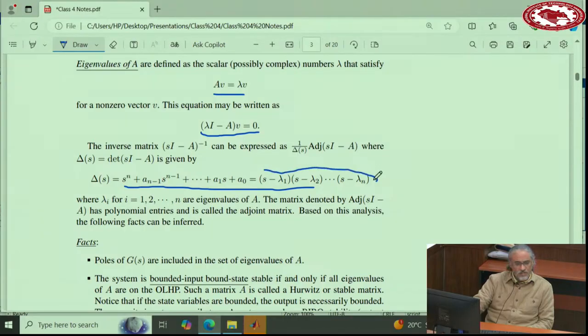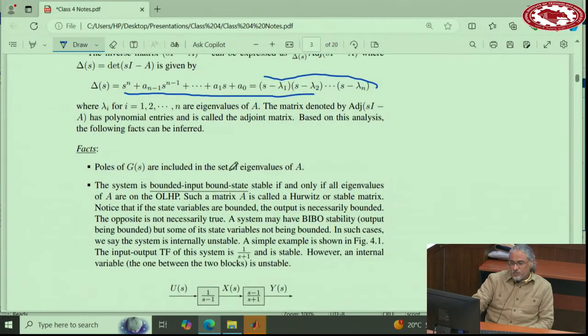In other words, the eigenvalues of matrix A play the same role as poles. So the poles of G are included in the set of eigenvalues of A. Now, in some occasional cases, the eigenvalues are even a larger set than the poles. In other words, you may have an eigenvalue that does not appear as a pole.